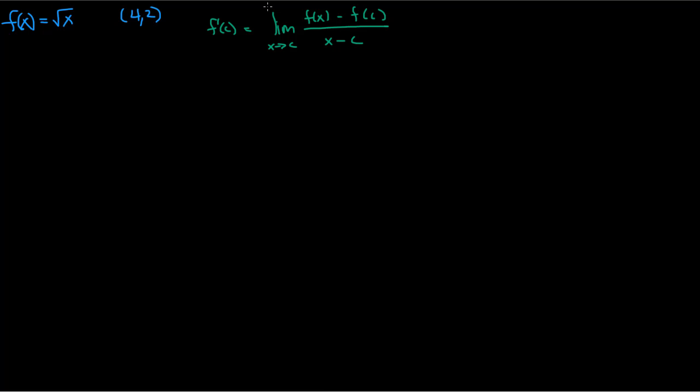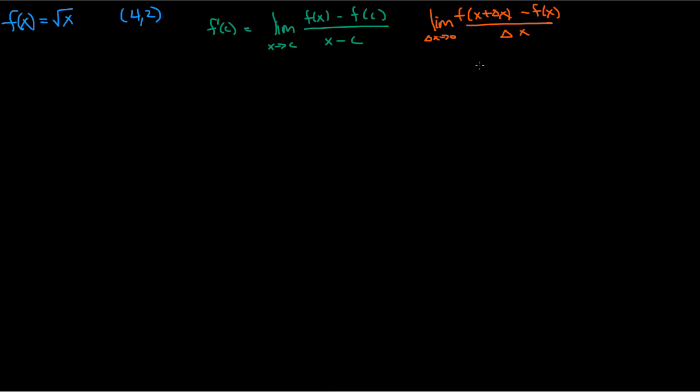Now, where does that come from? We're going to hold off on the actual derivative for a moment. Where does this come from? Let me show you. Our original definition was as follows. The limit as delta x approaches 0 of f of x plus delta x minus f of x over delta x.